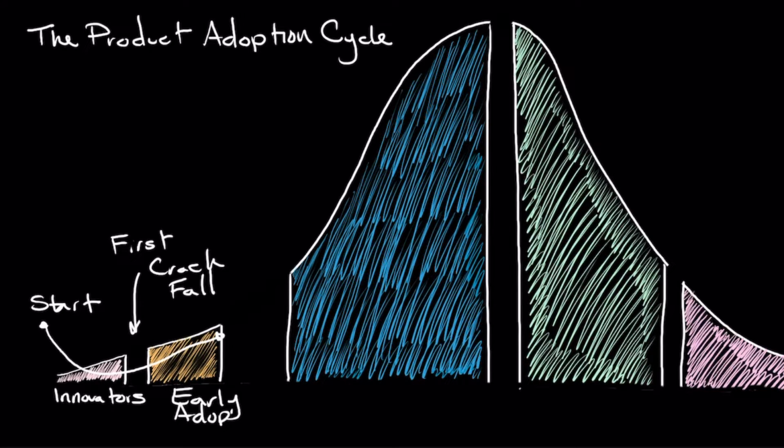And so early adopters are people that are generally willing to be the first to try something. They're not necessarily as immediate as innovators are, just by their very nature wanting to try new things, but they tend to adopt much sooner than the main street vast majority of consumers.